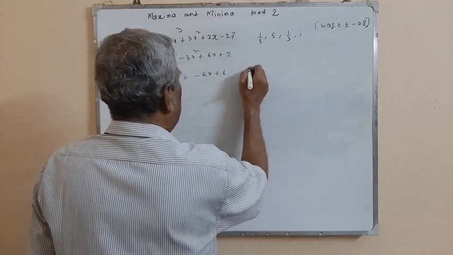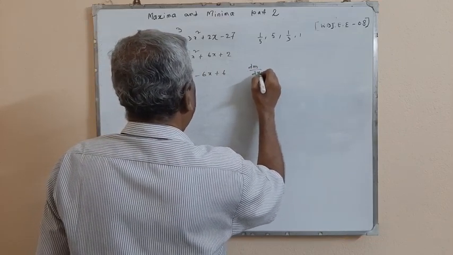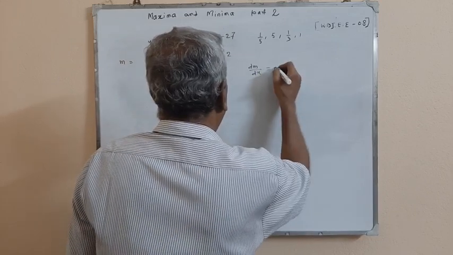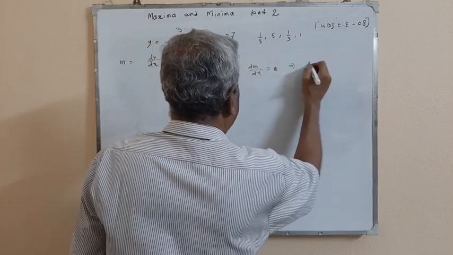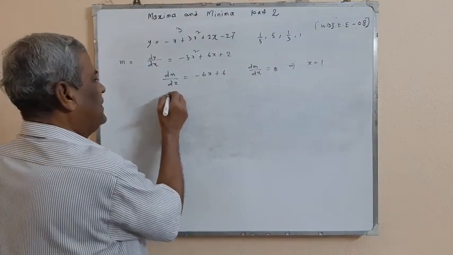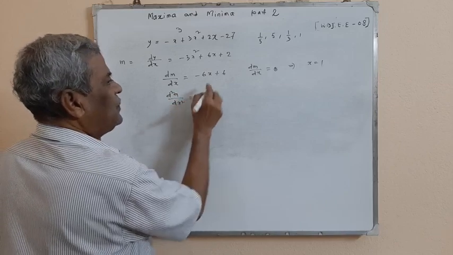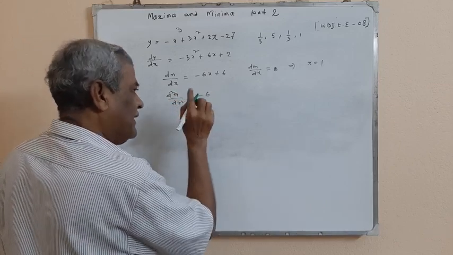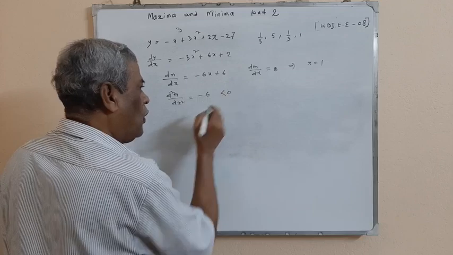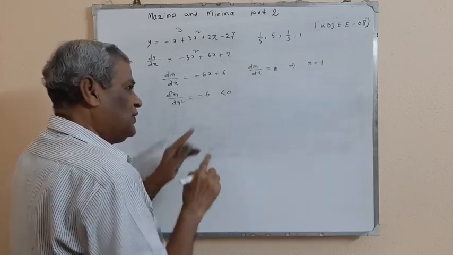So for maximum value of m, dm dx is equal to 0. It gives x is equal to 1. Double derivative, d2m dx2 is equal to minus 6. This is negative for all values of x. In particular, x is equal to 1, this is also negative.